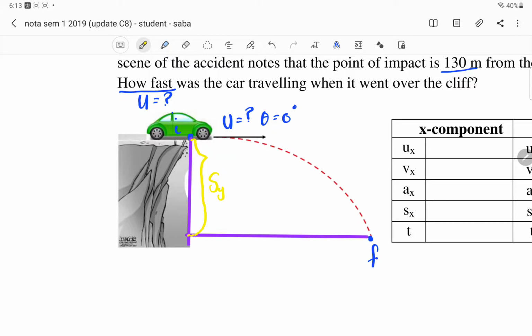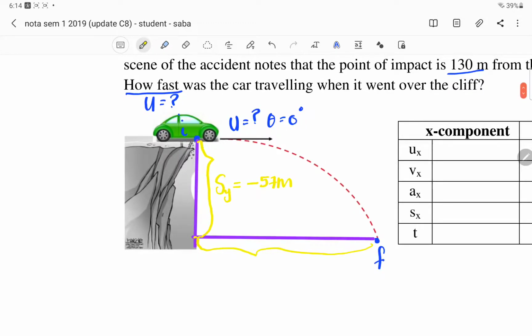SY is the displacement in a Y component. So SY bukan 57 tau. SY is negative 57 meter. Why negative? Because final point is below initial point. And then this displacement adalah horizontal displacement from initial to the final point. So ini adalah SX is equals to 130 meter.